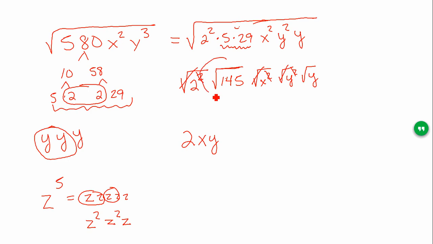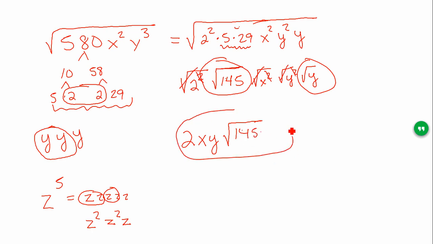But don't leave these two separate. They can't be simplified any further, so let's put them back together. When I put them back together, we would have the square root of 145y. And then this here would be your final answer, 2xy root 145y. That's your final answer.